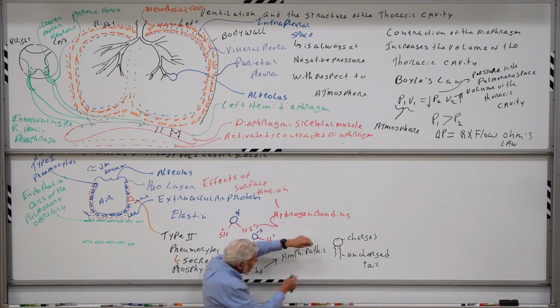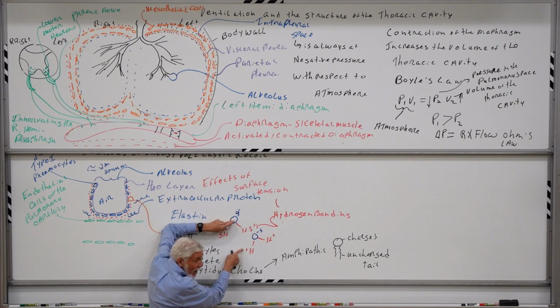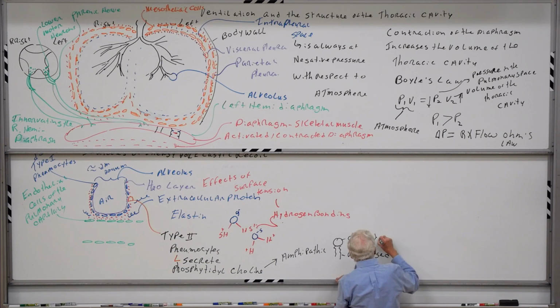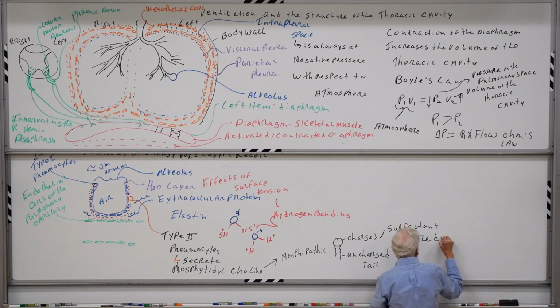Effectively, you can think about this as providing an insulating layer between the dipole moments on adjacent water molecules, so that now these dipole moments don't interact with one another so strongly. So the effect of these amphipathic molecules, these so-called surfactants, is to reduce surface tension.